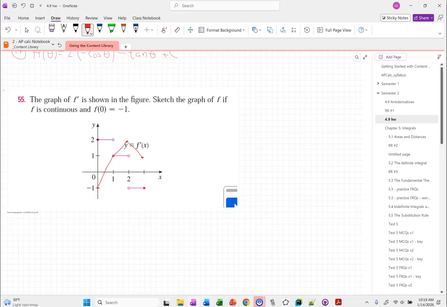Is it just that when you make a graph of the derivative, it's like the opposite? Yes, that's all they did in 55. So when the derivative is constant, the function is increasing. Adrian, what's going on? I was trying to figure out why the graph goes up and then changes to going down.